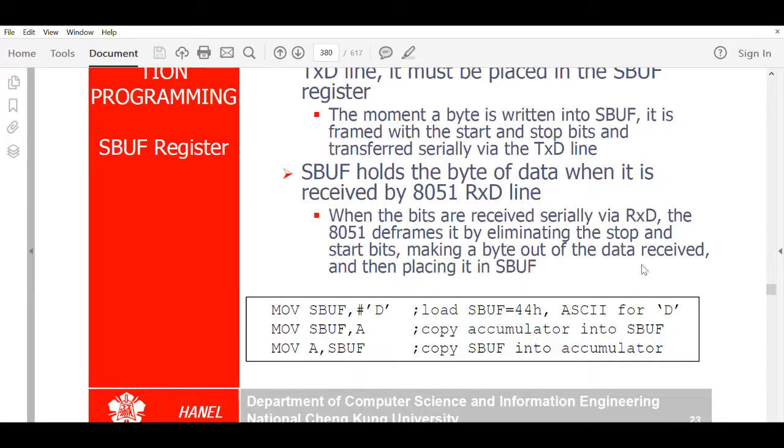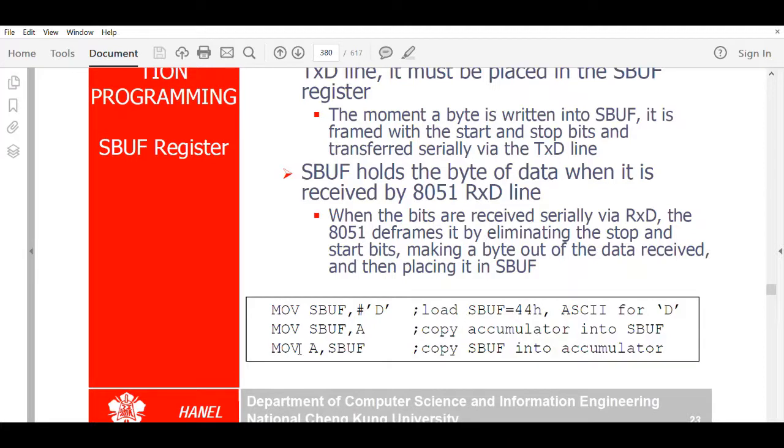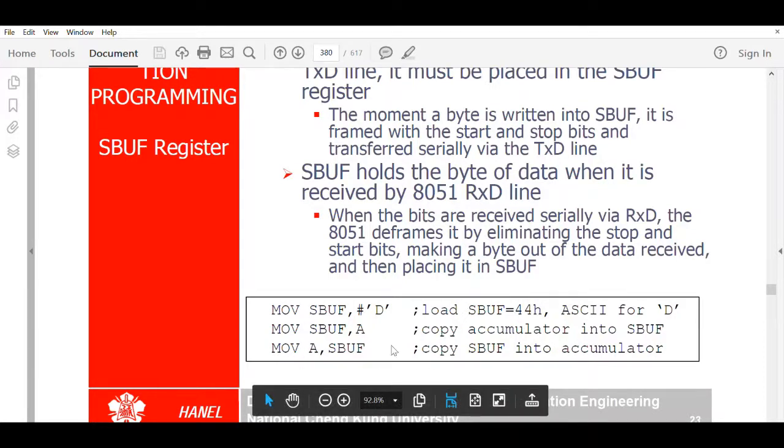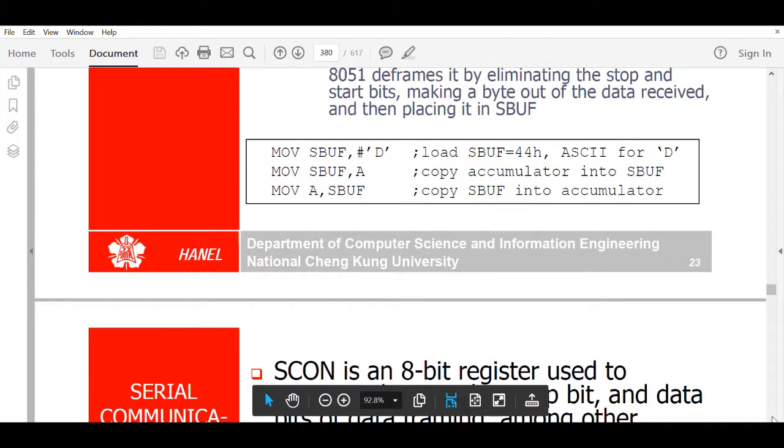Another method of moving the accumulator contents to SBUF is MOV SBUF, A. These are valid instructions supported by the 8051. And if you want to transfer data from SBUF to the accumulator, you can use the corresponding instruction. These are some of the instructions supported by the 8051 using SBUF.